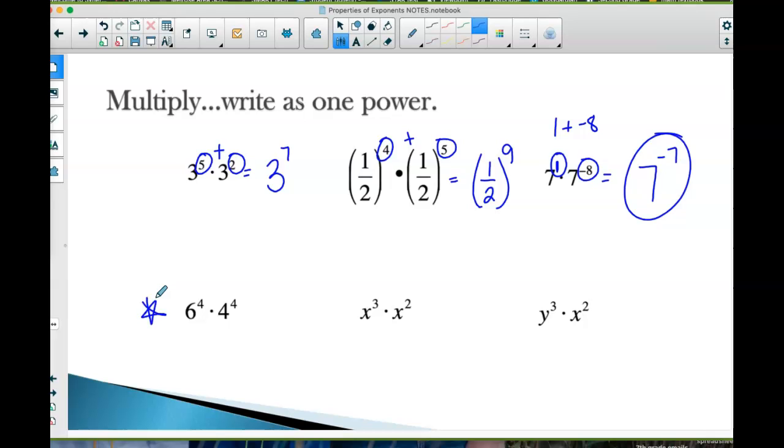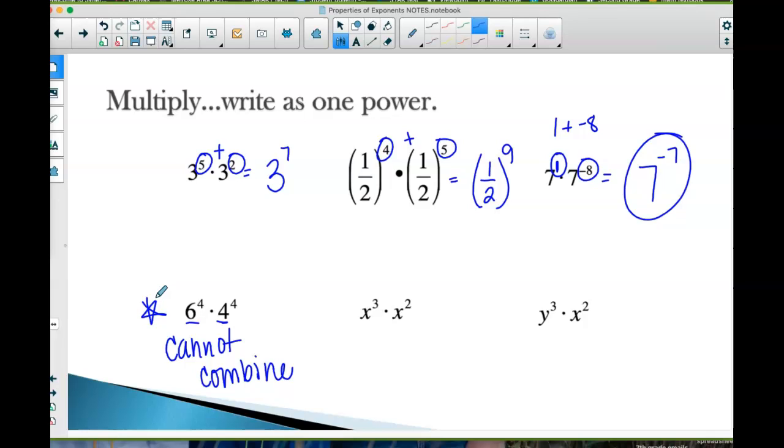The bases aren't the same. So we can't do anything if the bases aren't the same. So on your homework, if you see something like this where these numbers do not match, this is what you're going to write. Cannot combine. I cannot do that. I cannot combine those. I cannot simplify it because the bases are not the same.